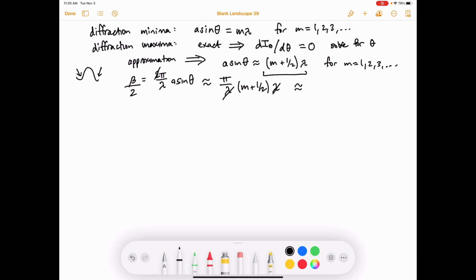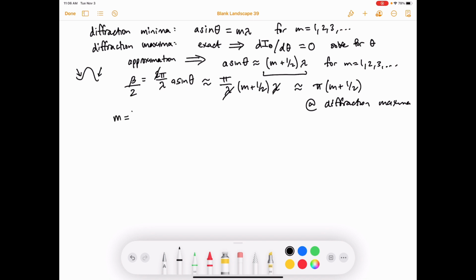In other words, we have pi times m plus a half at the diffraction maxima. Okay? So beta over 2 is approximately equal to pi times m plus a half at the diffraction maxima.